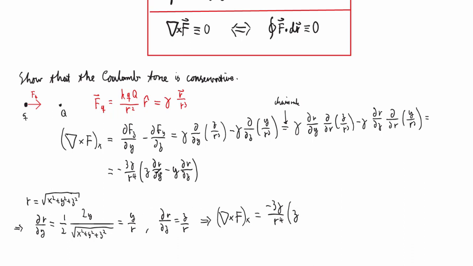Just making the substitution here. The same thing over there. That's equal to 0, right? And we can do the same type of calculation for the y and z components.